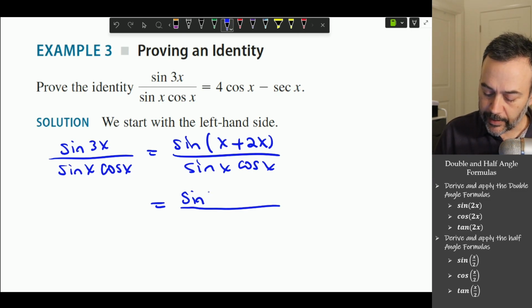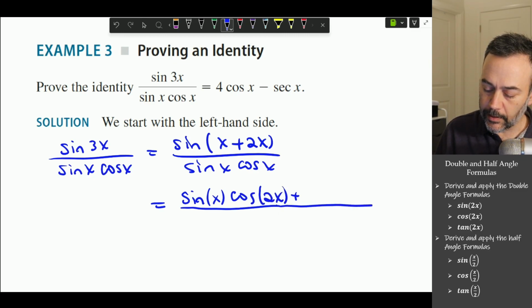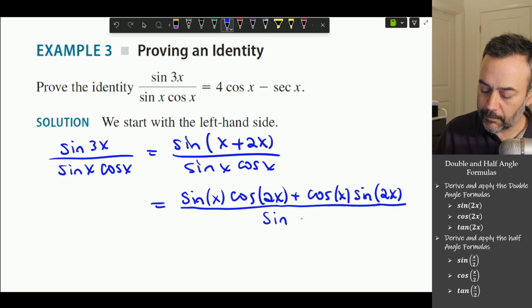And now I need the sine summation formula. That's sine of the first one times cosine of the second one, plus cosine of the first angle times sine of the second angle, and that's 2x. And I'll just keep copying this down on the bottom.